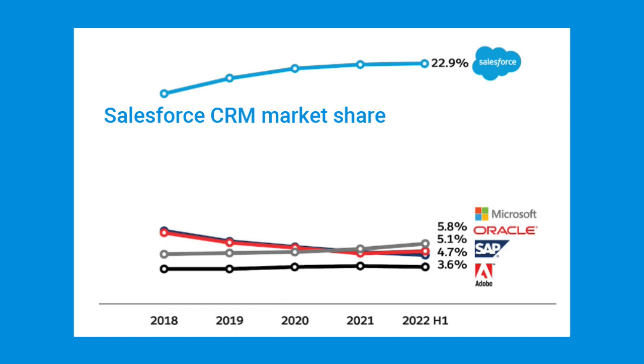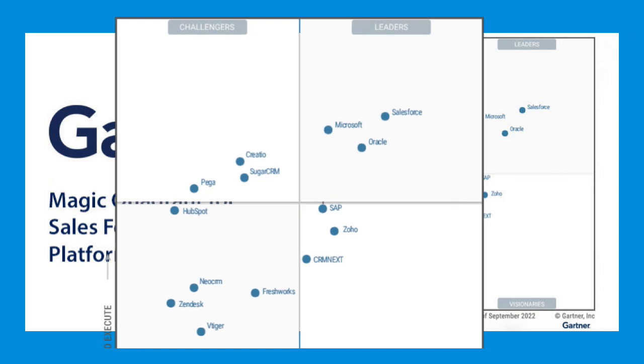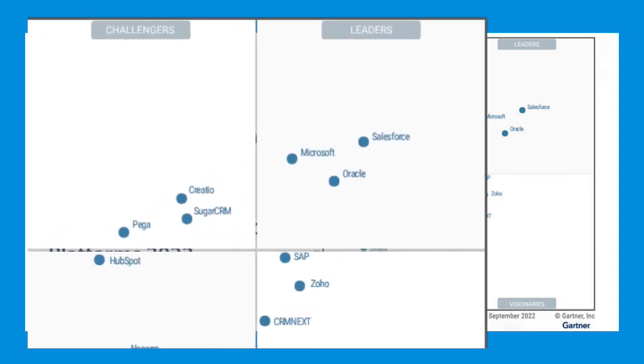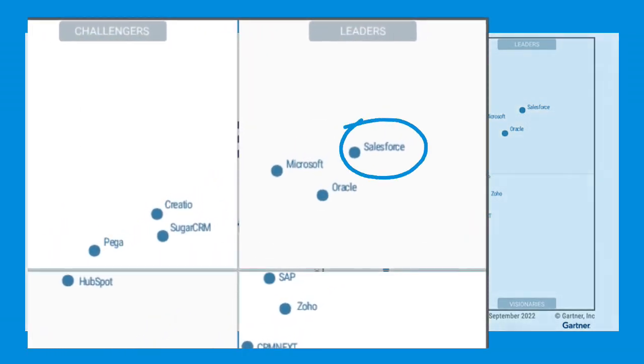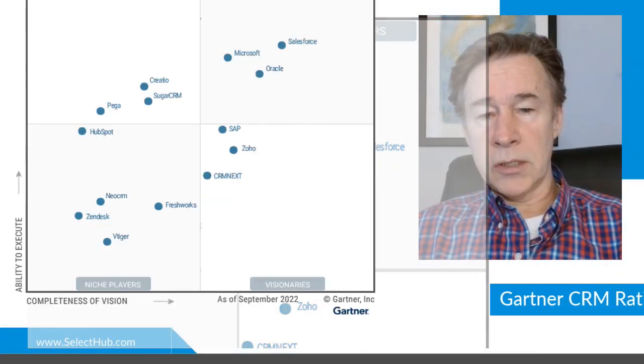Most top analysts recognize Salesforce as a dominant player in the CRM space. Based on Gartner's 2022 scoring criteria, which now takes into account bot capabilities, proposal and quote systems, and other new features, Salesforce is rated as a leader in innovation, market understanding, and sales strategy.